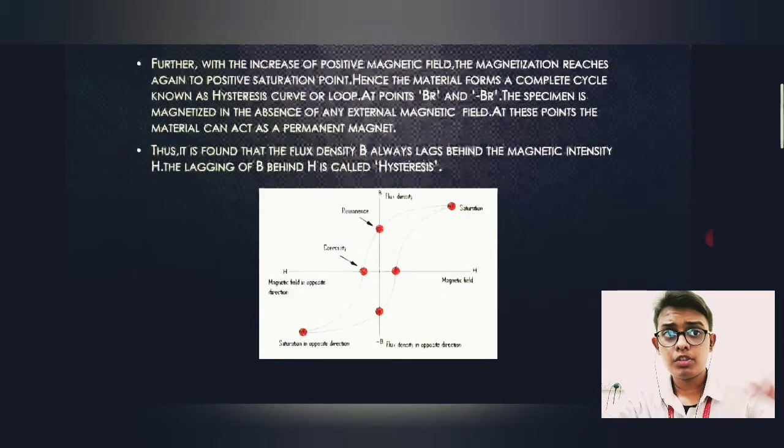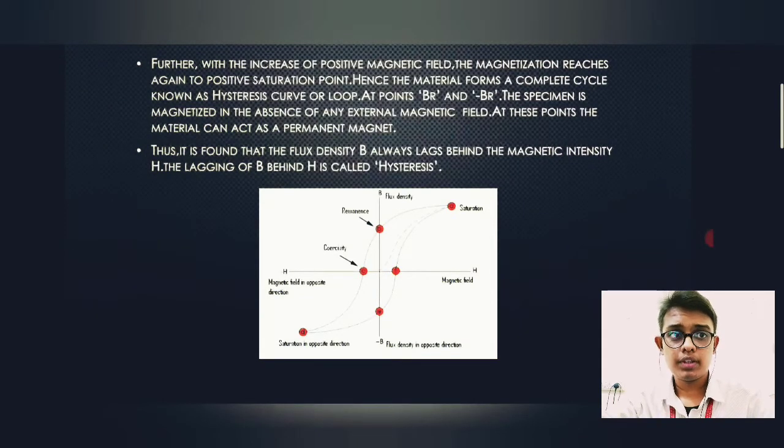Further, with the increase of the positive magnetic field, the magnetization reaches again the positive saturation point, which is A in the given figure. Hence, the material forms a complete cycle, which is known as the hysteresis curve or loop. At points BR and minus BR, the specimen is magnetized in the absence of external fields.